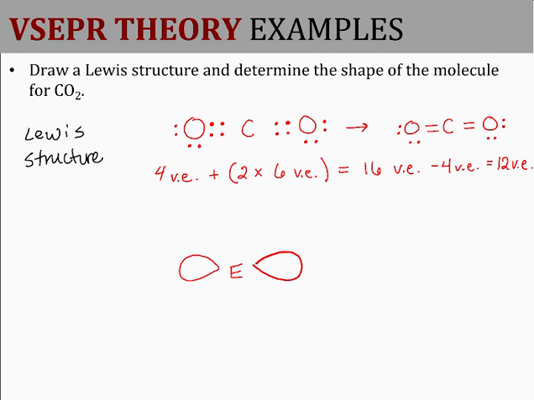Hopefully you said linear, and we actually talked about this earlier. All right, so that would be a linear molecule. Now, another quick question, what is the angle between those 2 oxygens? Hopefully you said 180 degrees, so they are 180 degrees apart from each other. That's this angle here.